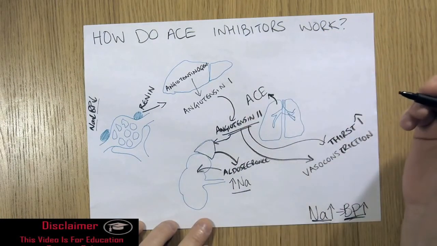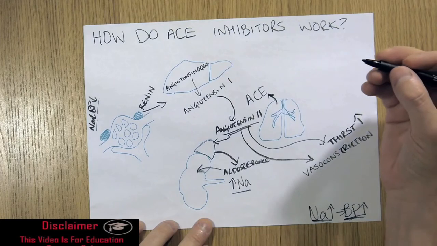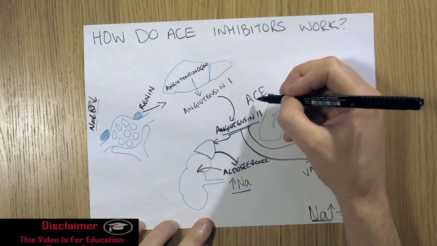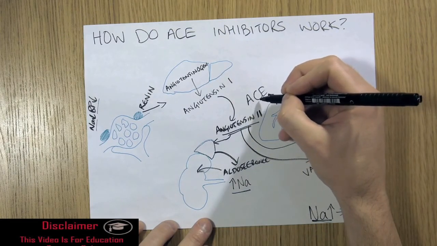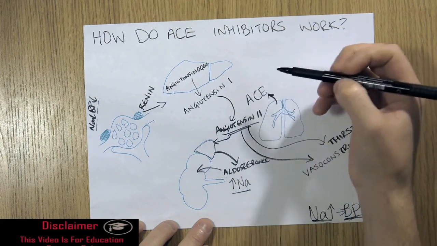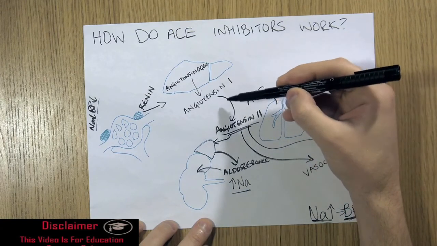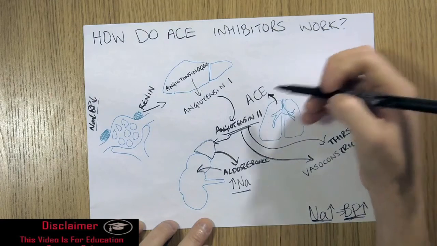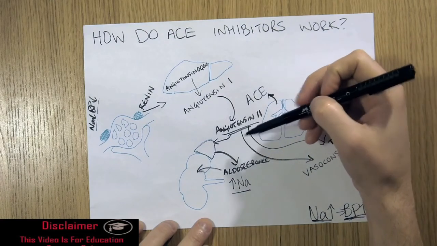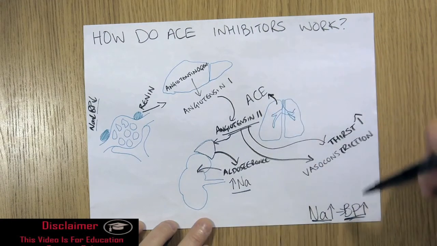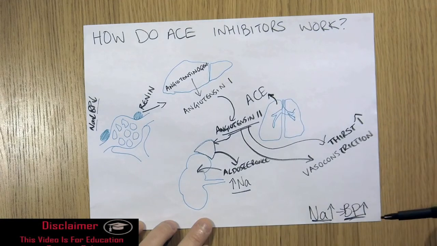They're just steps along the way. It's only when you get the action of the angiotensin converting enzyme to convert angiotensin I to angiotensin II that you end up with all of these effects that end up increasing sodium and increasing your blood pressure.